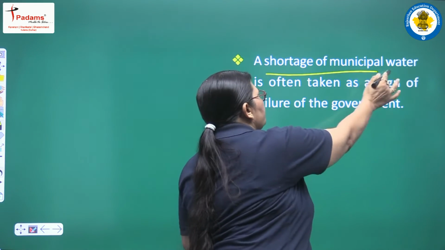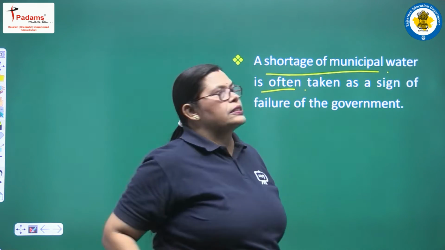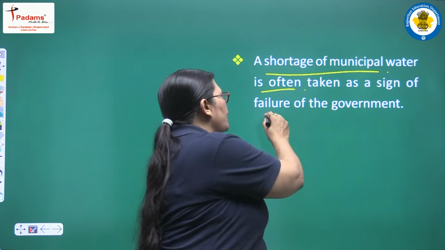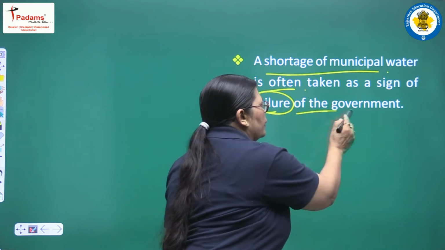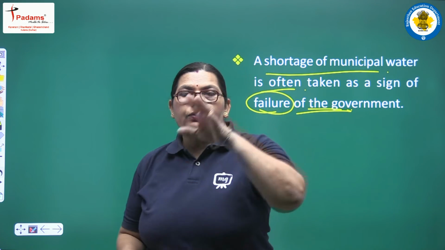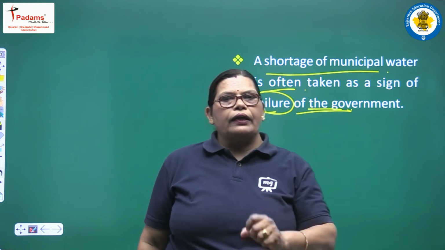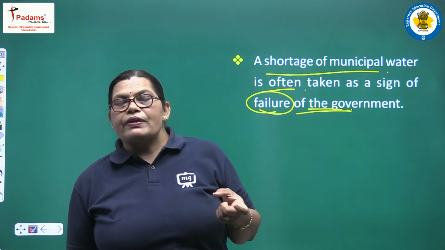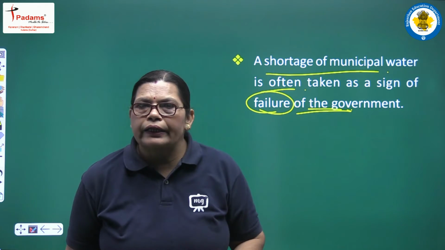A shortage of municipal water is often taken as a sign of failure of the government. When we are considering the public facilities, the water facilities, then what's the real condition?